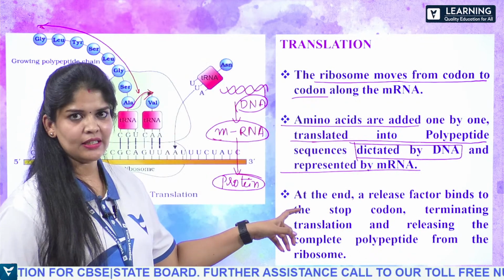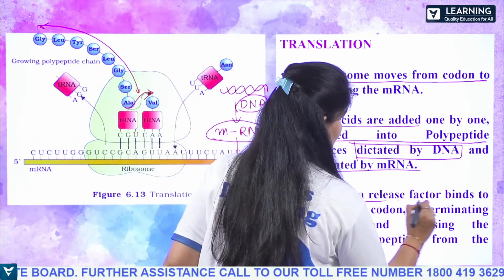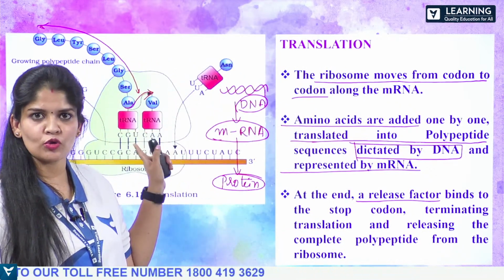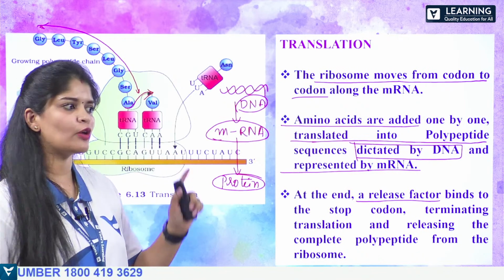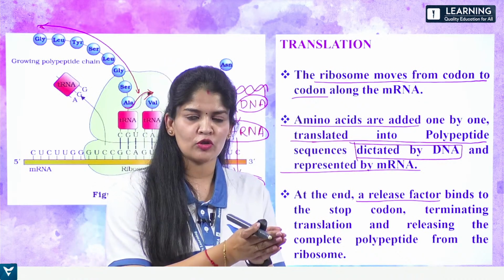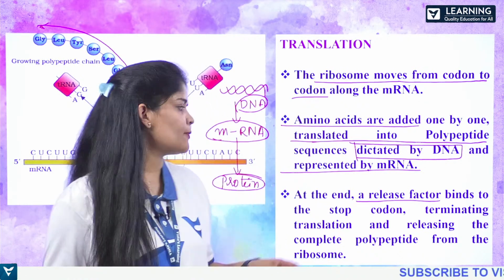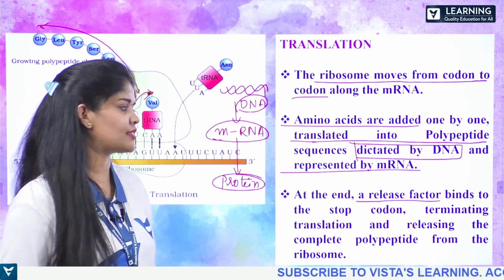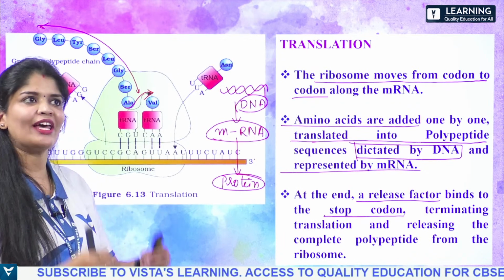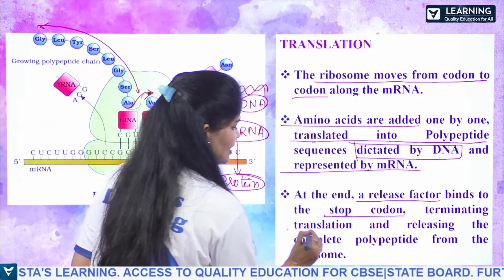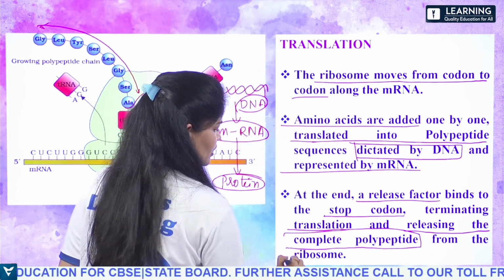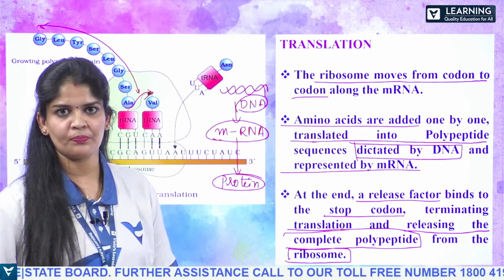At the end, a releasing factor binds to the stop codon. Once the ribosome moves ahead by one codon on the mRNA and reaches any of the three stop codons, the releasing factor binds to the stop codon, terminating and bringing the translation process to an end. It releases the complete polypeptide from the ribosome.